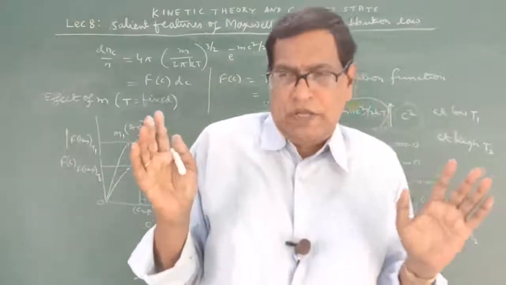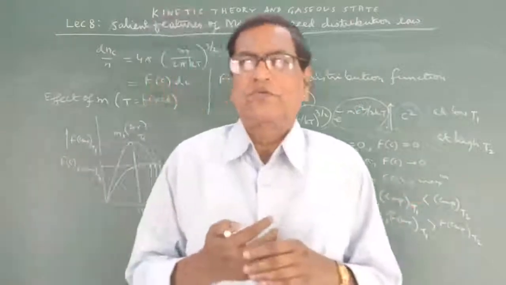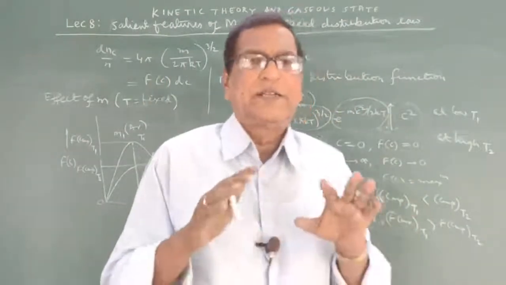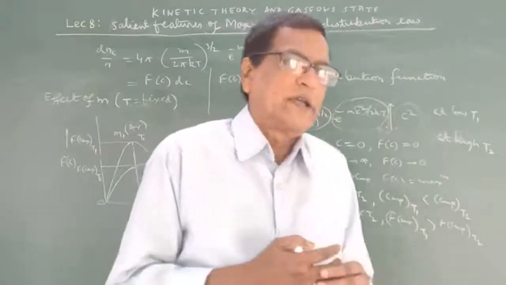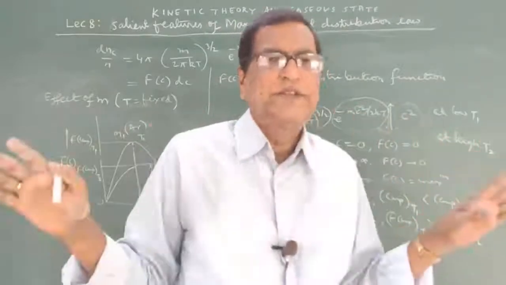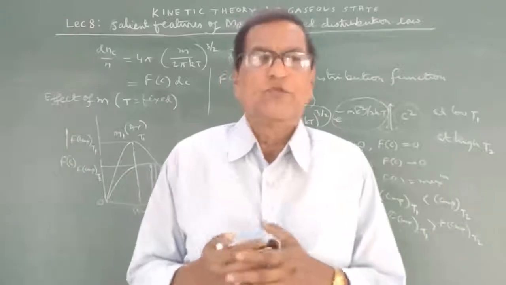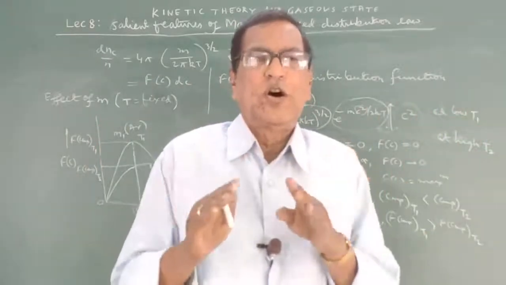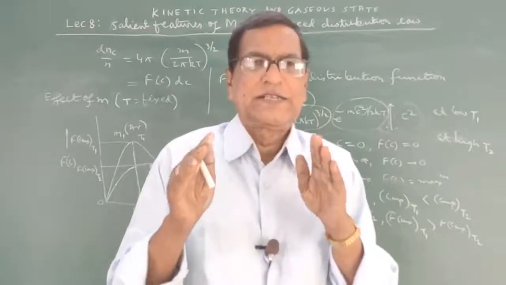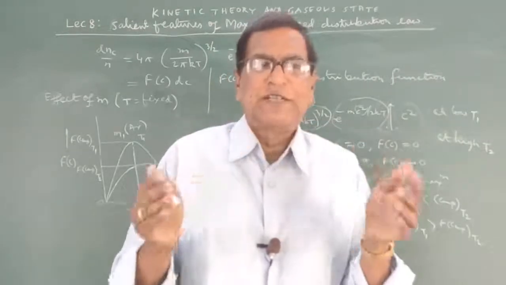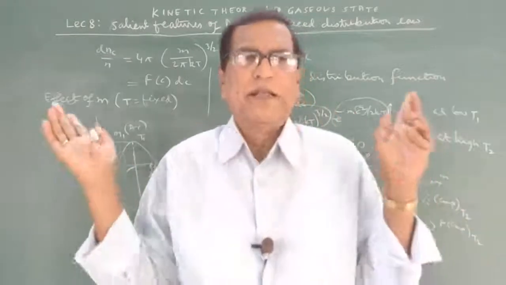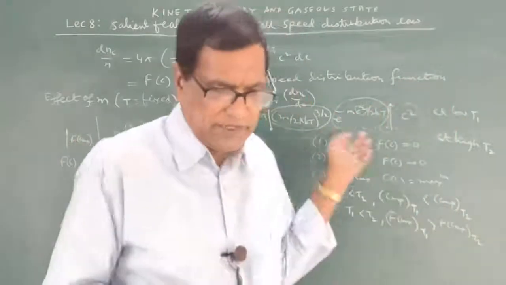So this is all about my today's lecture, and in my next class I shall try to explain the different speeds of the gas molecules and their relative magnitude, and show all these speeds, say most probable speed, average speed, root mean square speed, in a Maxwell's diagram like this one.